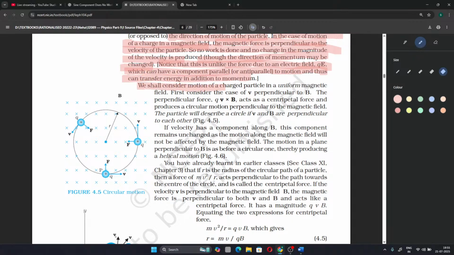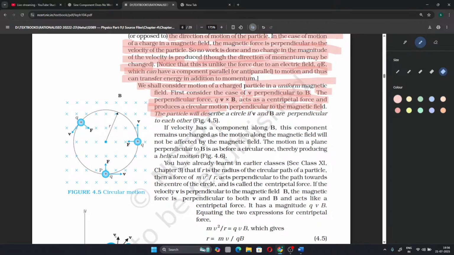We shall consider motion of a charged particle in a uniform magnetic field. First, consider the case of velocity perpendicular to the direction of the magnetic field, where sine theta is sine 90 degrees. The perpendicular force qvB acts as a centripetal force and produces circular motion perpendicular to the magnetic field.